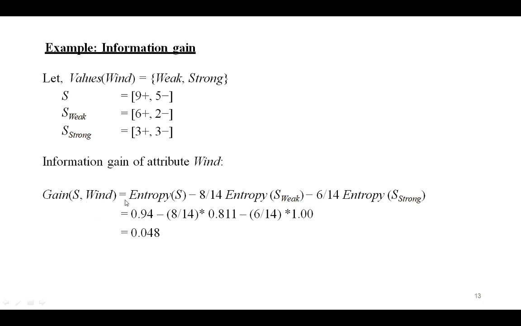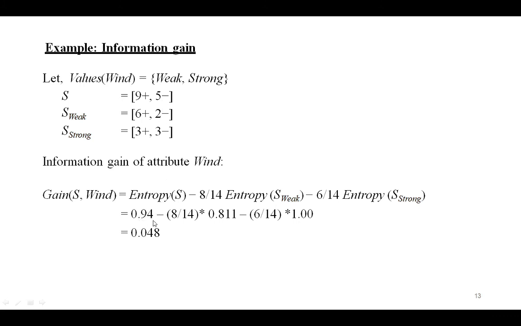Gain(S, Wind) = Entropy(S) - 8/14 Entropy(S_weak) - 6/14 Entropy(S_strong). Entropy(S) is 0.940, a result we already got from the previous example, for 9 positive and 5 negative examples.